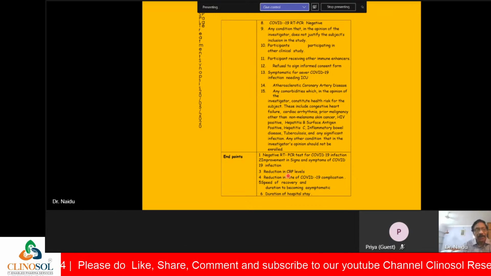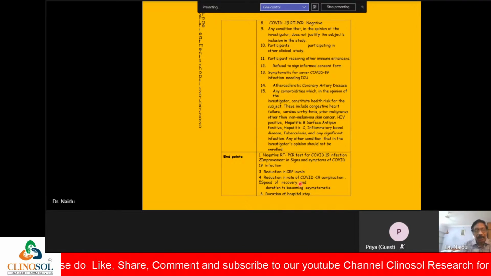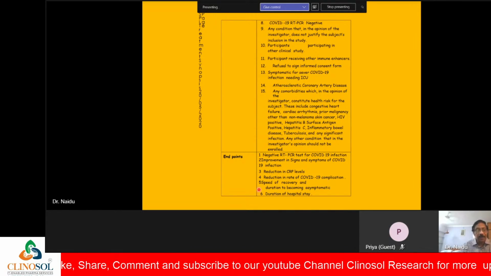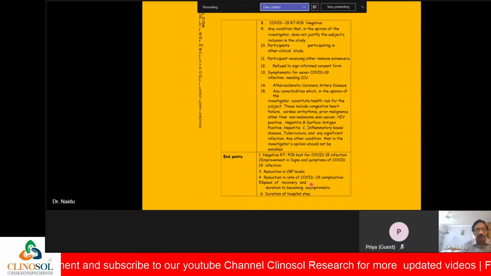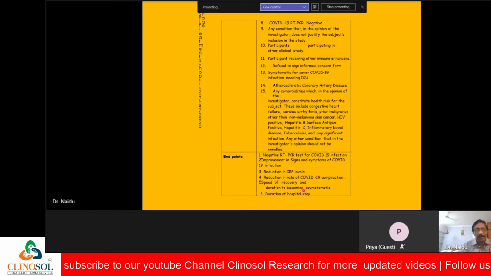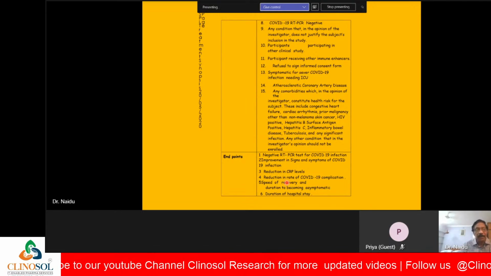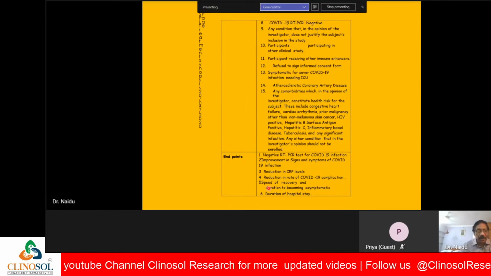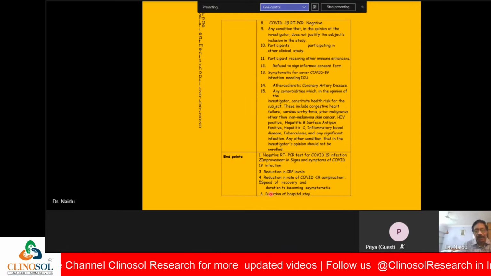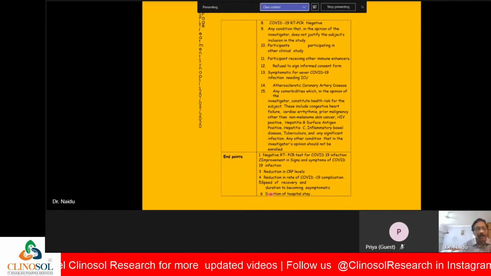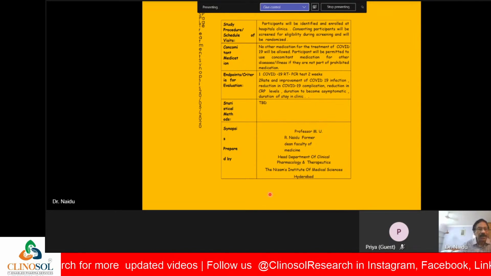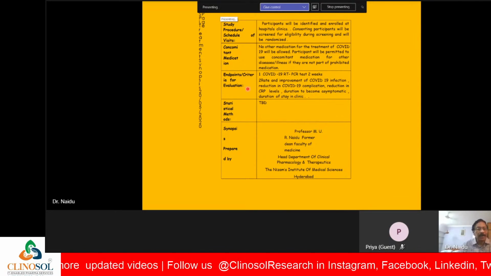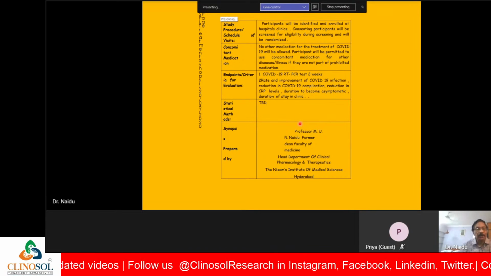There should be reduction in the CRP level, reduction in complications and speed of recovery, and they will be staying in the hospital for a very short time and become asymptomatic. So these are my endpoints which I wanted to see if I use vitamin D, whether it is going to happen or not. Then these are the study procedure, endpoint criteria, synopsis.